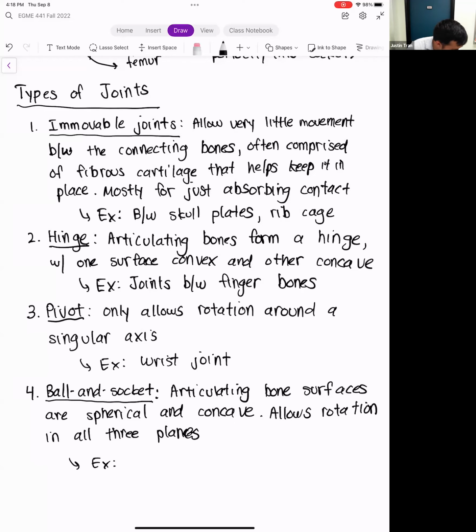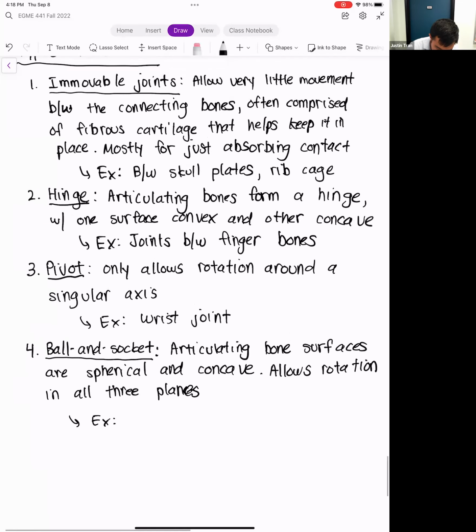And of course, an example of this would be like the hip joint, or the shoulder joint is also a good example of this too. Okay.